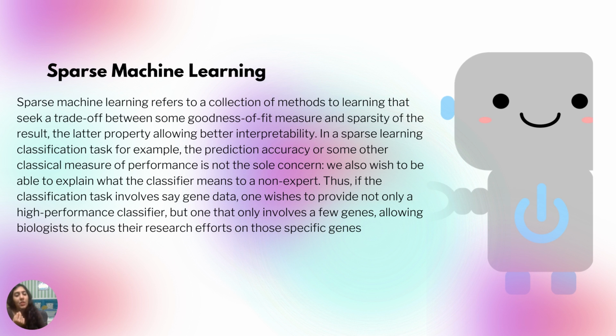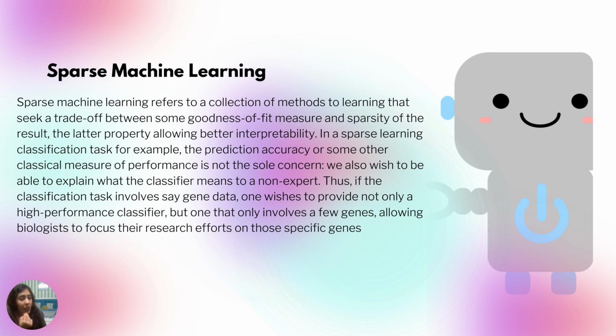Coming down to sparse machine learning. Sparse machine learning refers to a collection of methods for learning that seek a trade-off between some goodness of fit measure and sparsity of the result, the latter property allowing better interpretability. In a sparse learning classification task, for example, the prediction accuracy or some other classification measure of performance is not the sole concern.